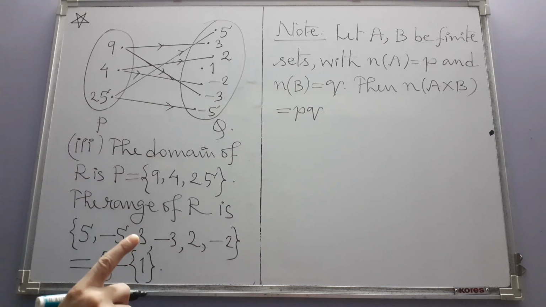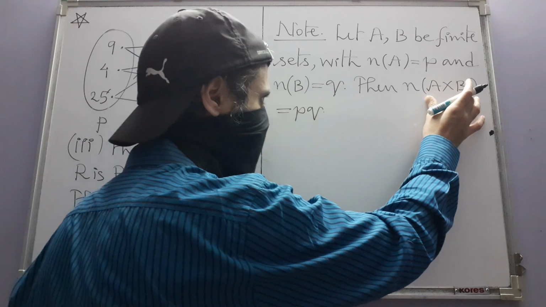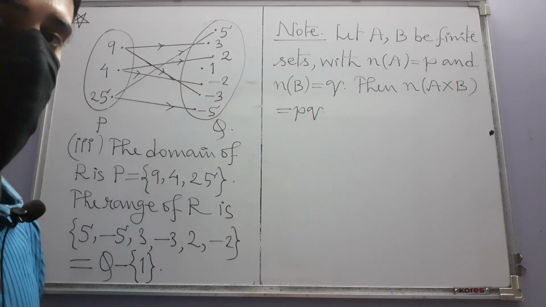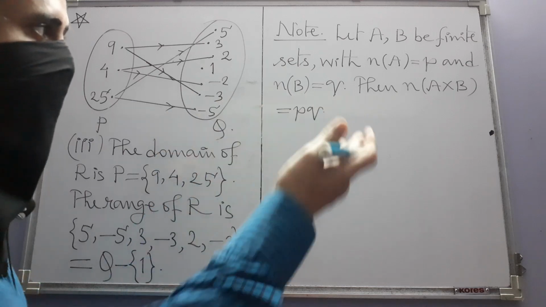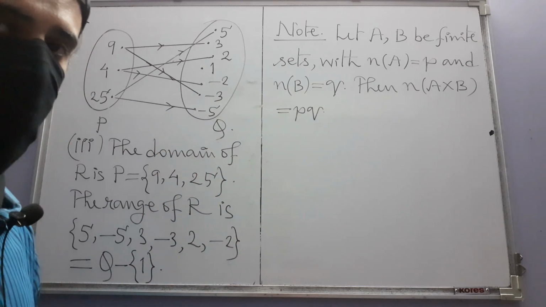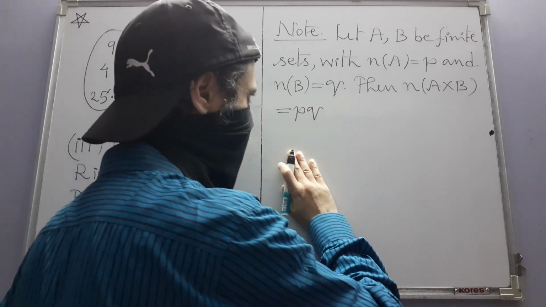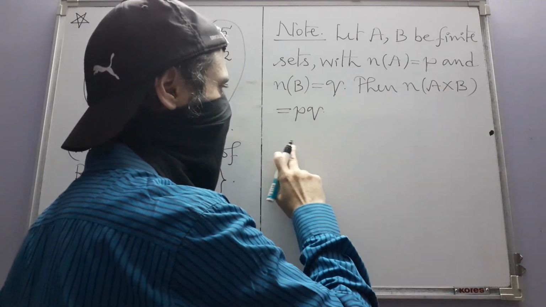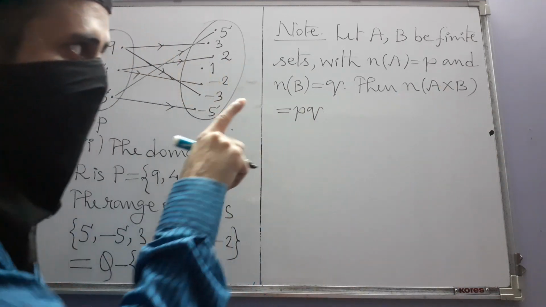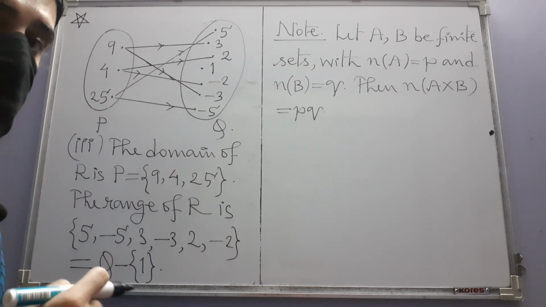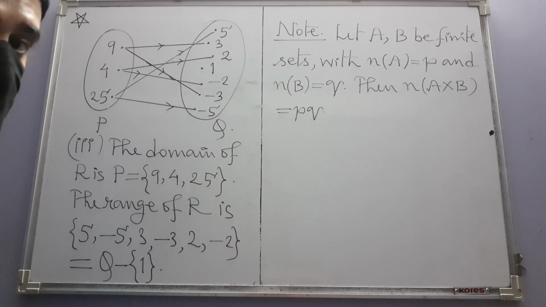Now any relation from A to B is by definition a subset of A times B. So how many relations can we possibly find from A to B? Namely, as many subsets as A times B has. In other words, the number of relations from A to B is equal to the number of subsets of A times B. Now we know how many subsets a given set has when it is finite.